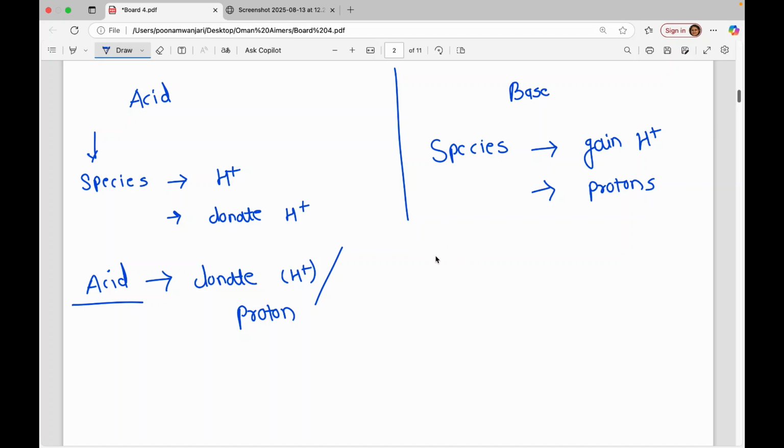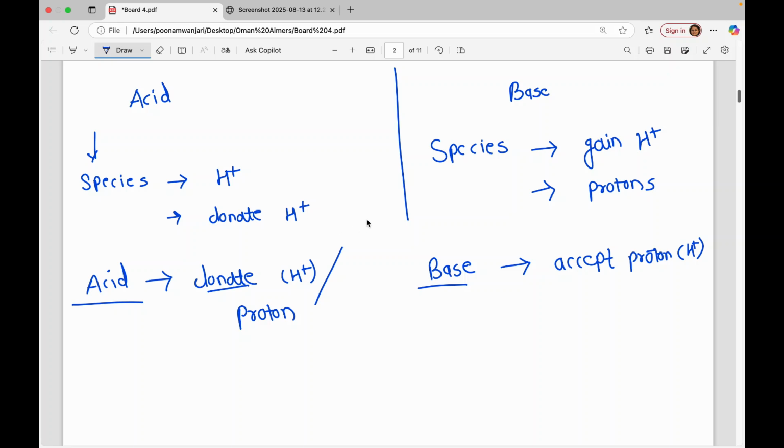So we can say a base is a species, which can also be a molecule, anion or cation, that can accept a proton, or H+. So together, an acid is defined as a species which donates H+, and a base accepts a proton, that means H+. When we combine them together, they will give us a new concept.